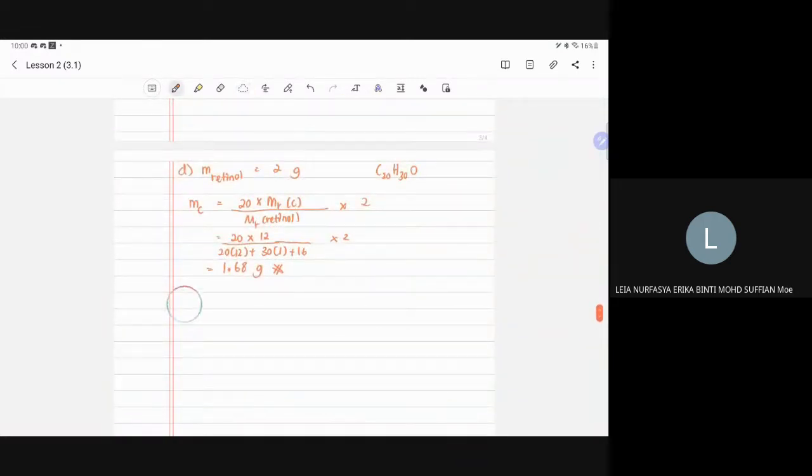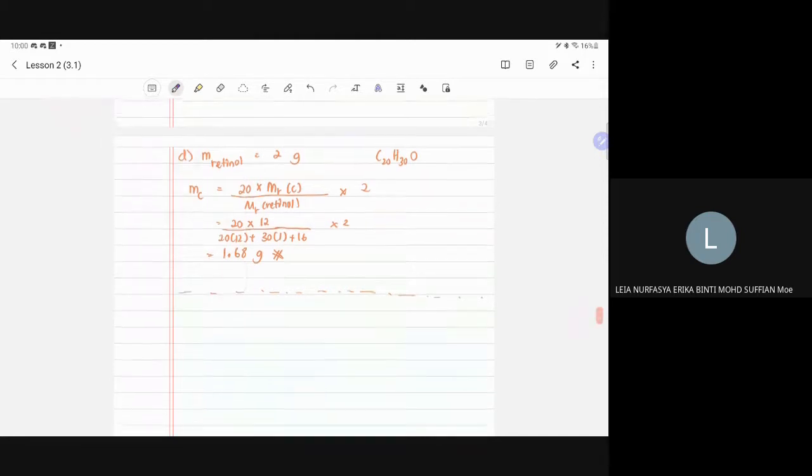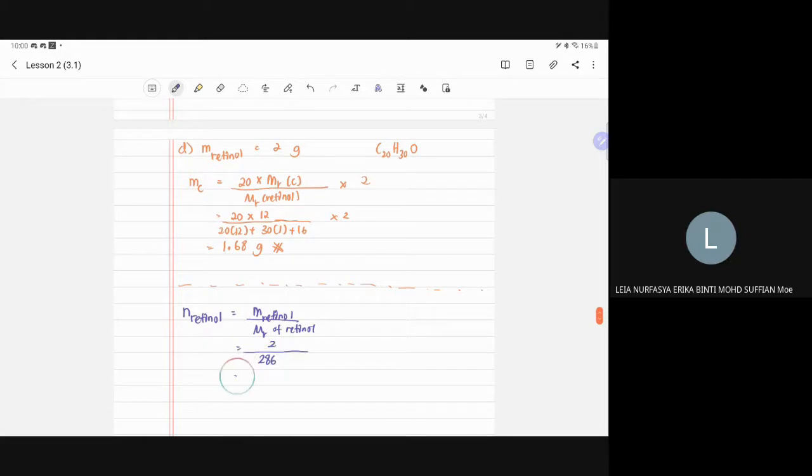Now, let's say kalau kita buat cara lagi satu tu, N of retinol sama dengan mass of retinol divide by MR of retinol. Mass dia adalah 2 gram. MR dia yang dekat bawah ni 20 kali 20 tambah 12 tambah 30 tambah 16. Kita akan dapat 286.